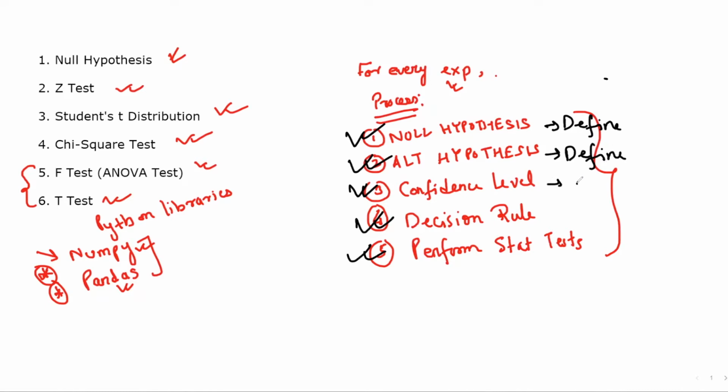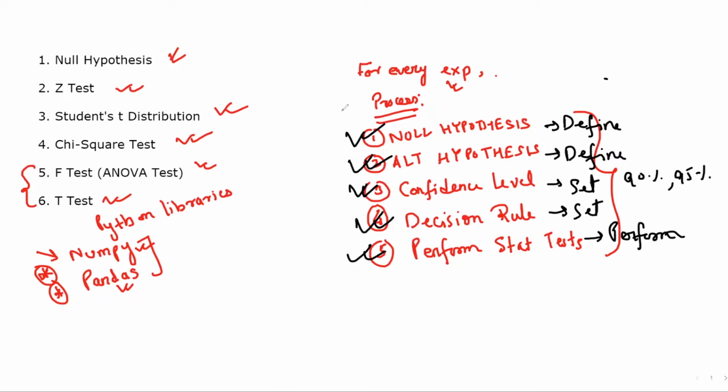Then you set your confidence level. It may be 90%, 95%, or whatever it may be. Then you set your decision rule, and then you perform your statistics tests. So this is a small brief introduction of what we will actually do.